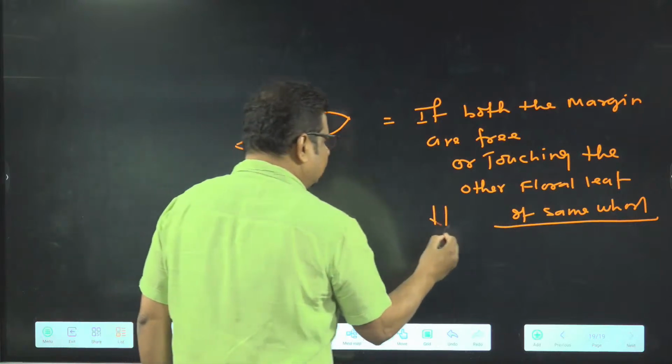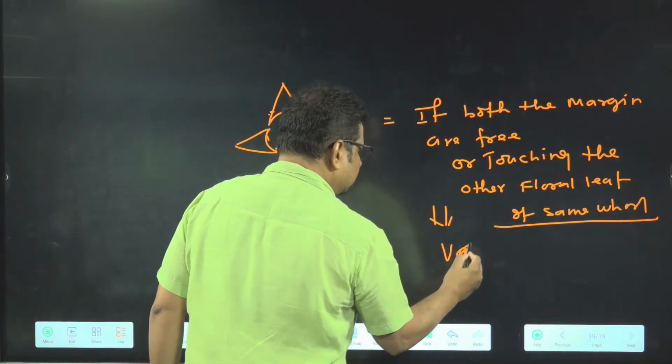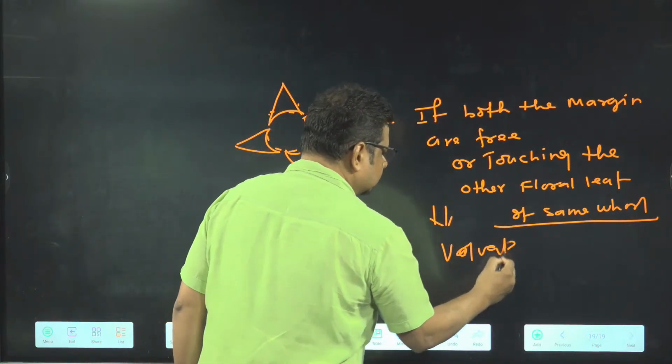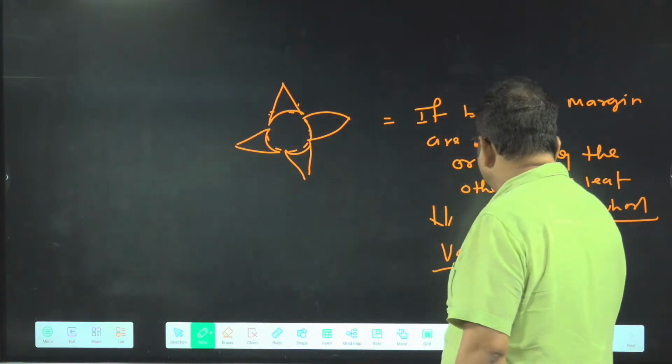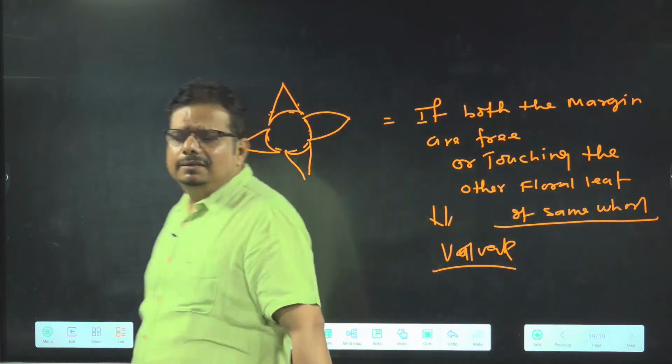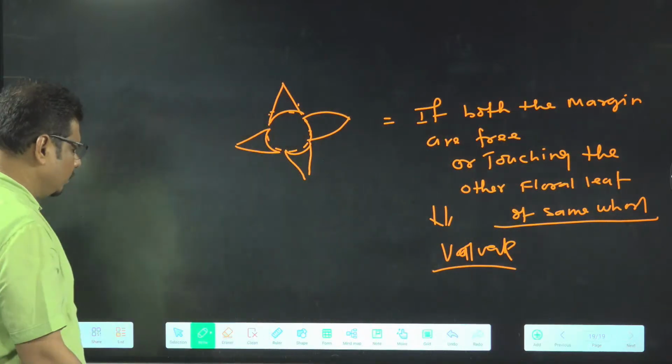Valvate. Getting the things or not? That condition is called what? Valvate. Done? Now I am going to say about twisted.